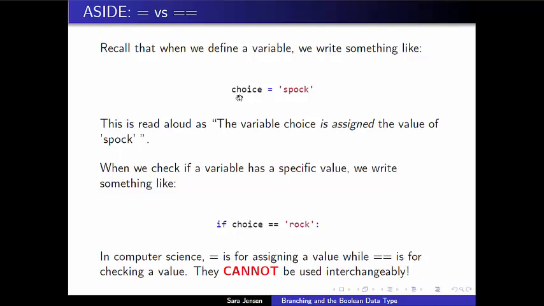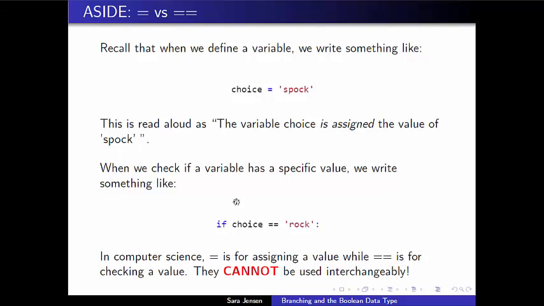So remember that when we declared a variable like choice and set it equal to Spock, a better way to read that out loud is to say the variable choice is assigned the value of, and in this case we've written Spock.